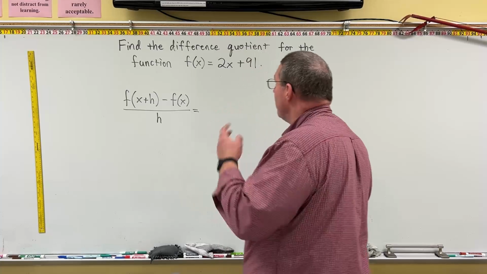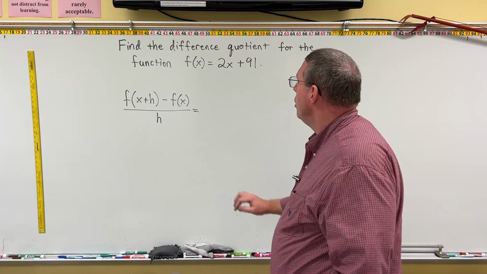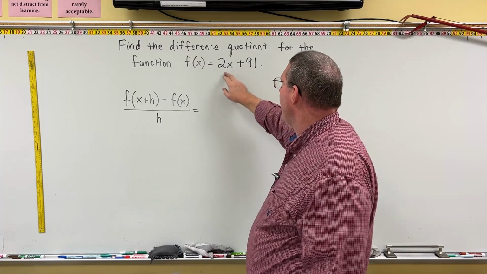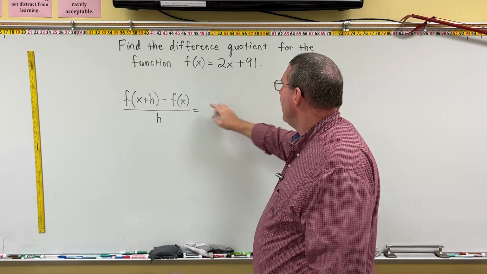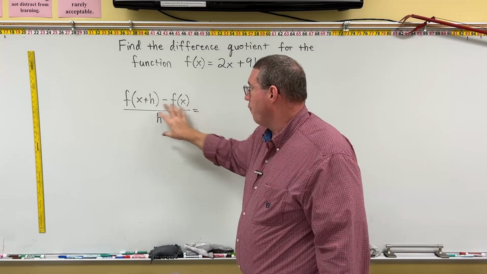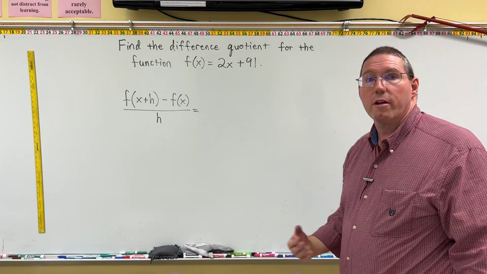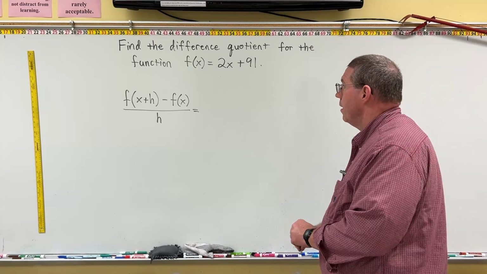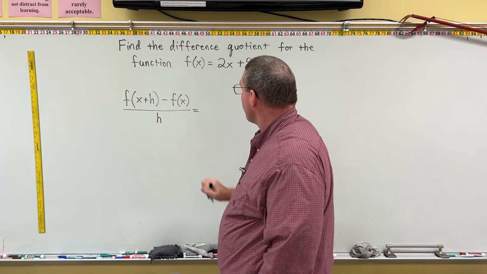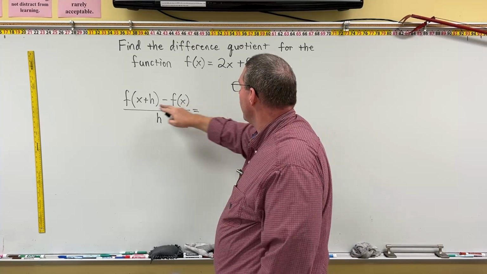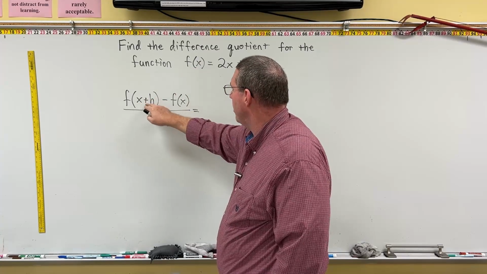And so all we really want to do is use this function f of x, 2x plus 91, in this average rate of change formula. Only this time we're going to simplify the whole thing. So we're going to take our f of x, 2x plus 91, and in place of x, we're going to put x plus h.